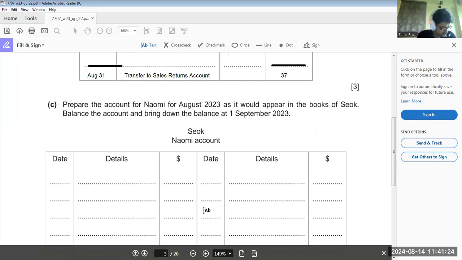So what we do, 2023, August 1st, balance b/d.